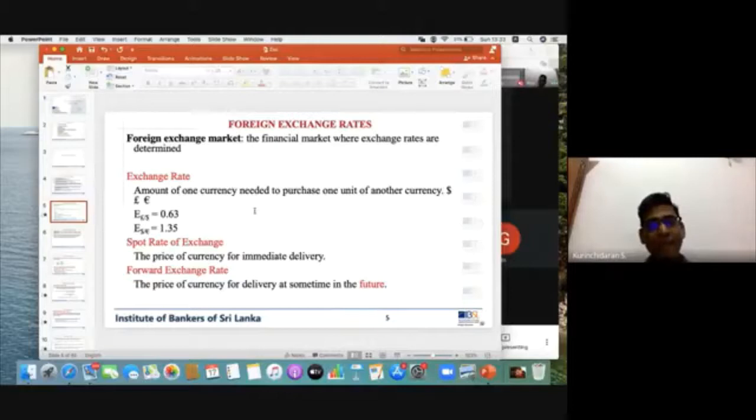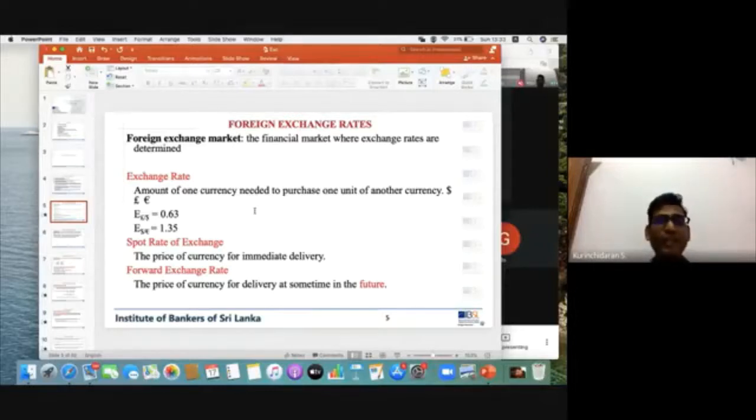Let's assume you want to buy a dollar. For example, you are going to import a car. It's coming from Japan, but it will take a month, right? So you have to pay the supplier at the end of January.